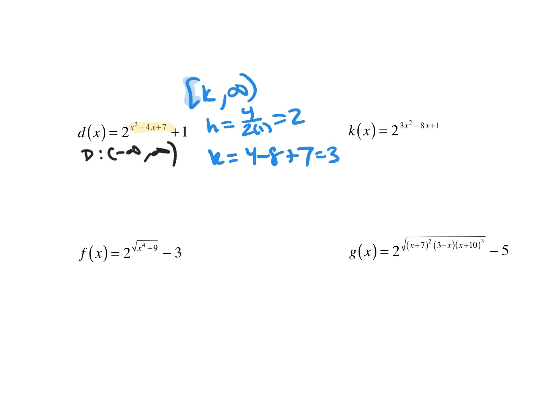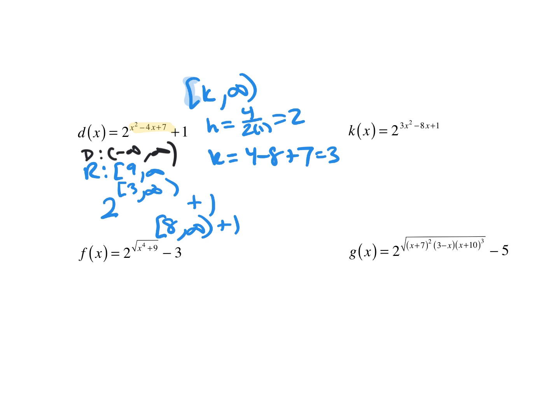So when I'm analyzing my range, I've got this 2 as my base. The quadratic has a range from 3 to infinity. And then I've got this plus 1. So let's do it out. 2 to the third is 8. 2 to the infinity is huge, so infinity plus 1. So the whole range will be 9 to infinity.